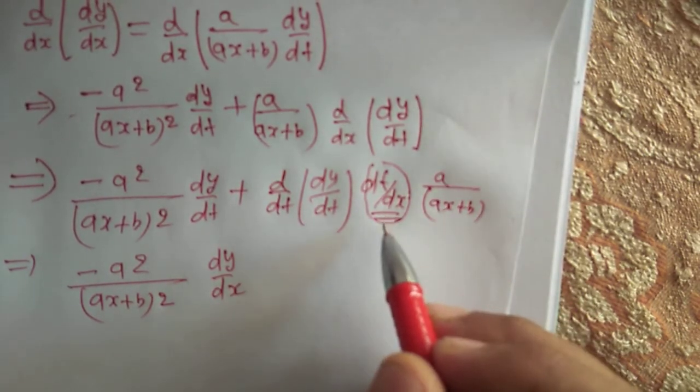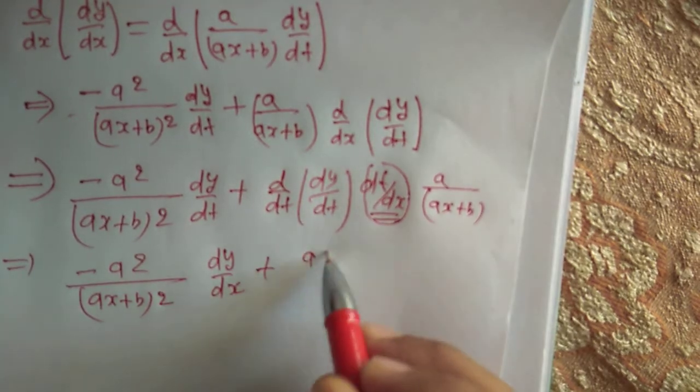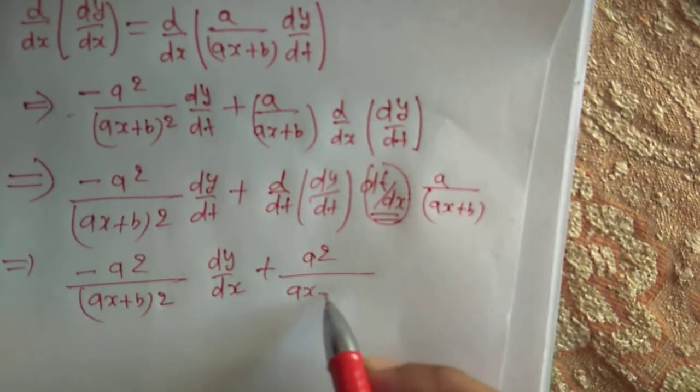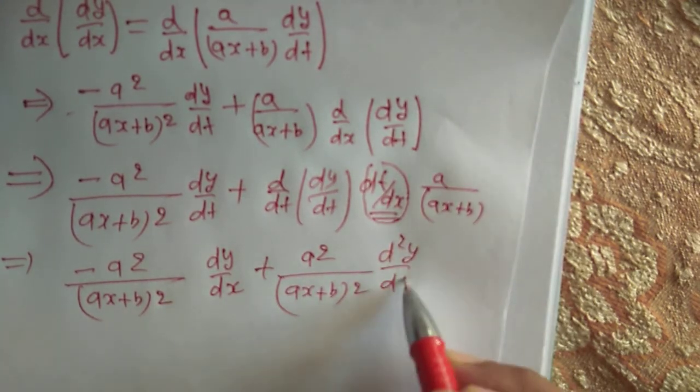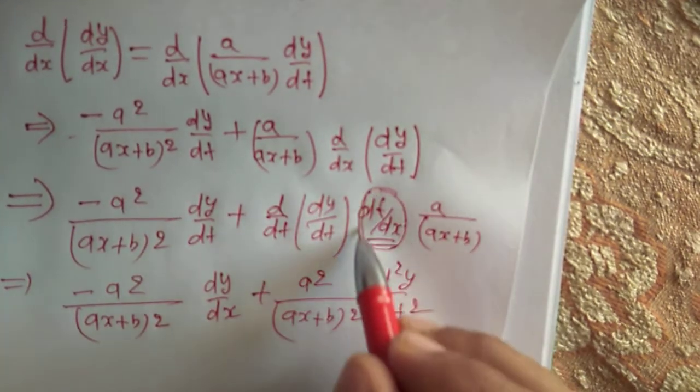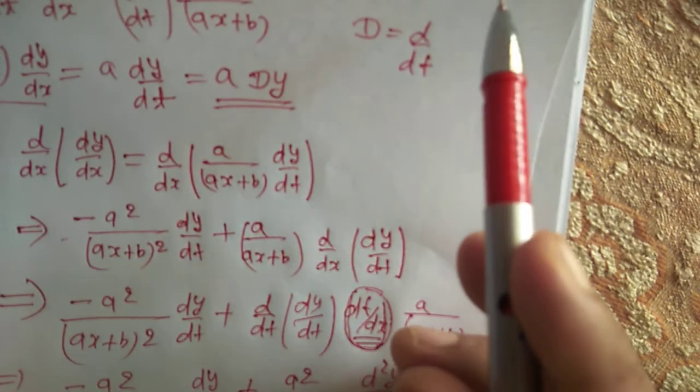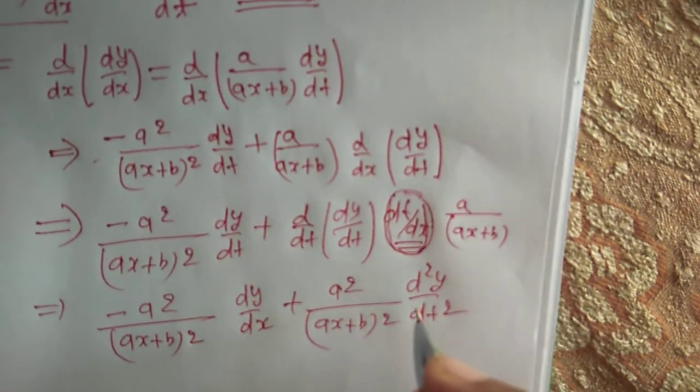So this will be a square by ax plus b whole square times d2y by dt square, since dt by dx equal to a upon ax plus b.